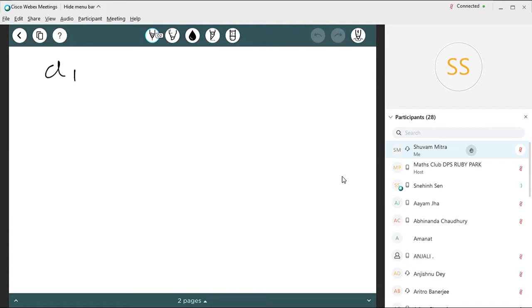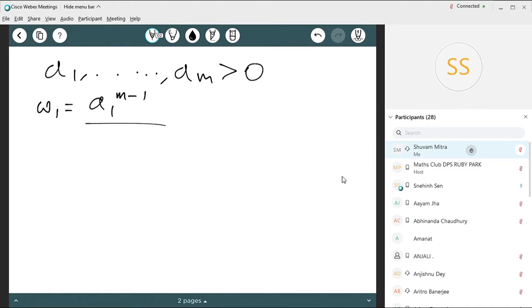Suppose the numbers are a1, ..., an, all greater than 0. Then let w1 be equal to a1 to the power m minus 1, divided by a1 to the power m minus 1 plus a2 to the power m minus 1 plus dot dot dot plus an to the power m minus 1.